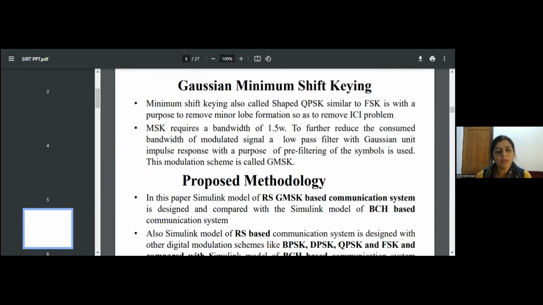And particularly, we have used the GMSK technique because GMSK gives more continuous transmission, and that's why minor lobes remain absent.